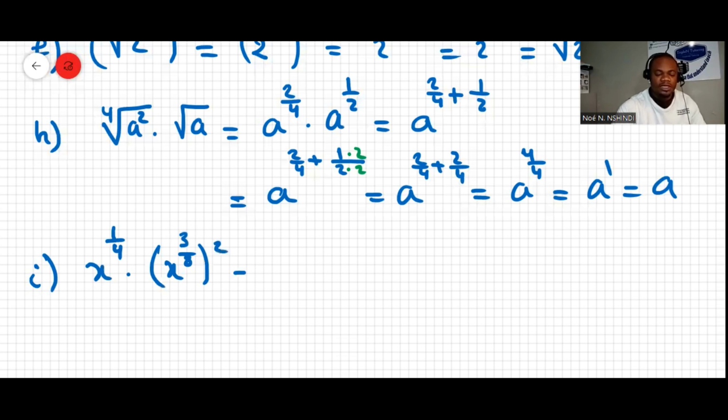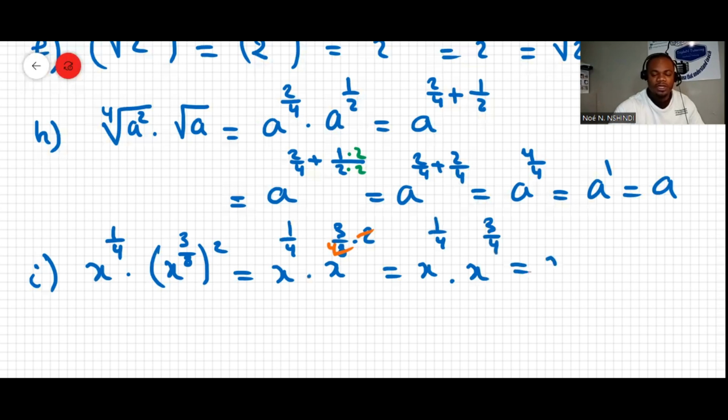So this will be x to the power of a quarter multiplied by x to the power of 3/8 multiplied by 2, the exponent like that. So we can simplify this and that, and then we're left with 4 there, and that will be x to the power of a quarter multiplied by x to the power of 3/4. Because the bases are common, we're just going to add the exponents. So a quarter plus 3/4 makes a whole. So x to the power of 1, which is just x.